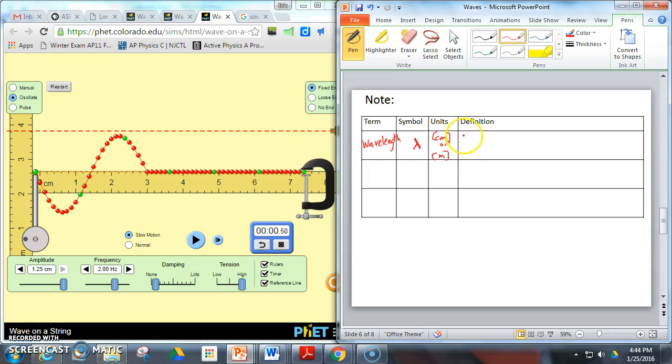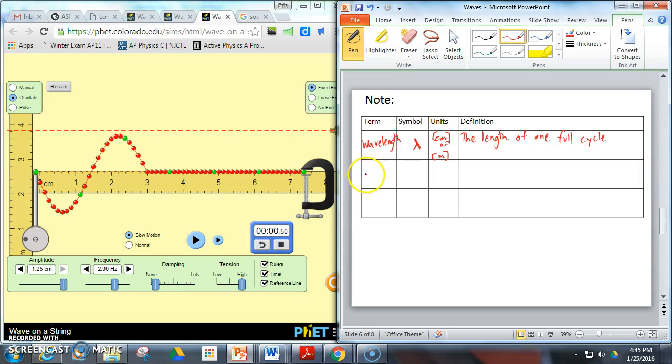The definition is the length of one full cycle. So again, it's this distance right here. Now we can also talk about the time that it took for that to occur.